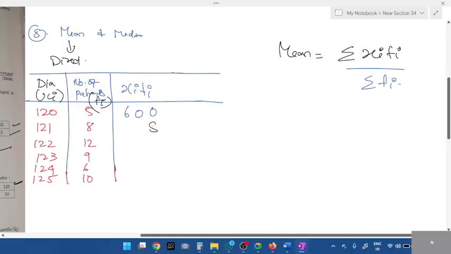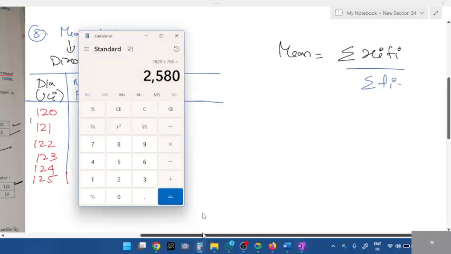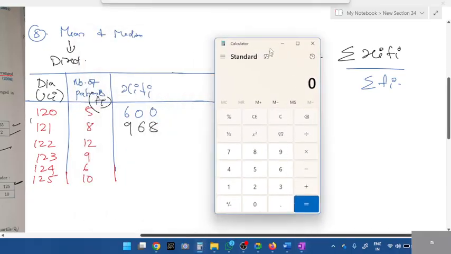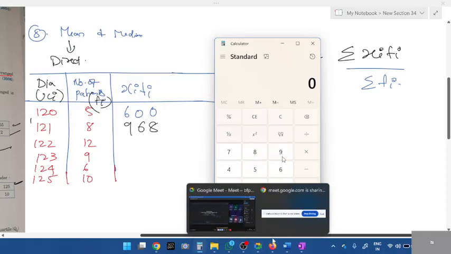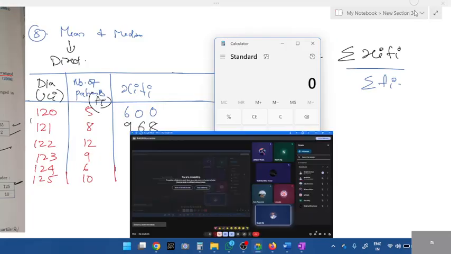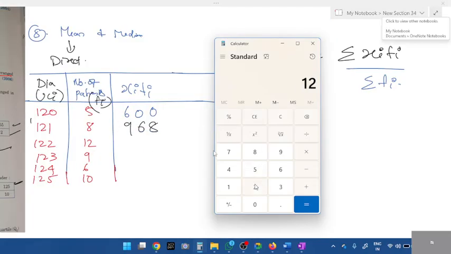You'll calculate the values. Is it 968? Students, have you all done? Okay, let me show you all. It would take time. Look at the calculation part. Look, let me do it.